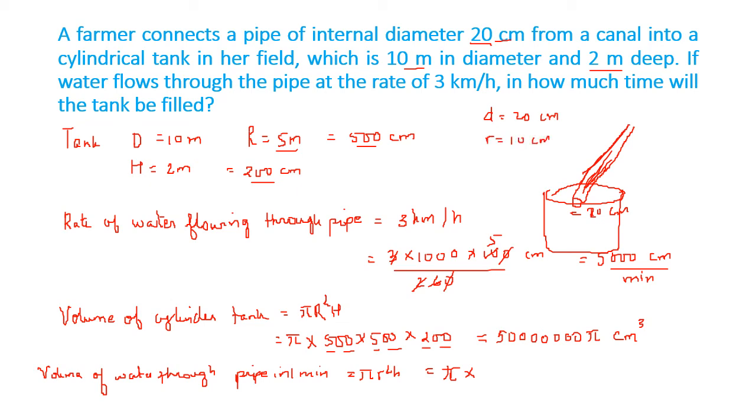So I get 10 into 10, and the height is 5000 centimeter per minute. This I am finding in 1 minute, so I can remove this here. So pi into 10 into 10 into 5000 centimeter cube per minute. So what have we got from this?